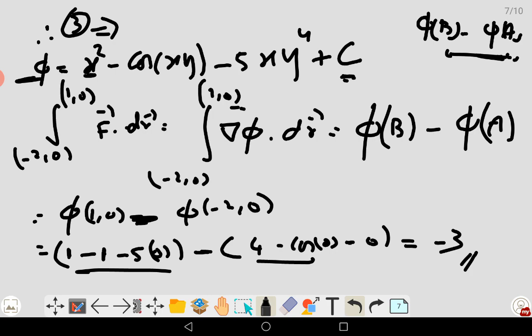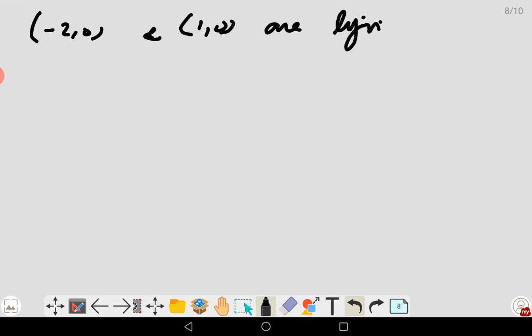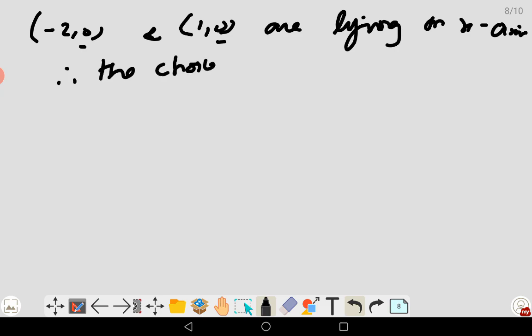And along any path, there is a third part for this question. Along any path, we know that the lower limit minus 2, 0 and the upper limit 1, 0 are lying on the x-axis, because see, the y part is 0 in both cases. Therefore, the choice of line is the x-axis, which is y equal to 0.